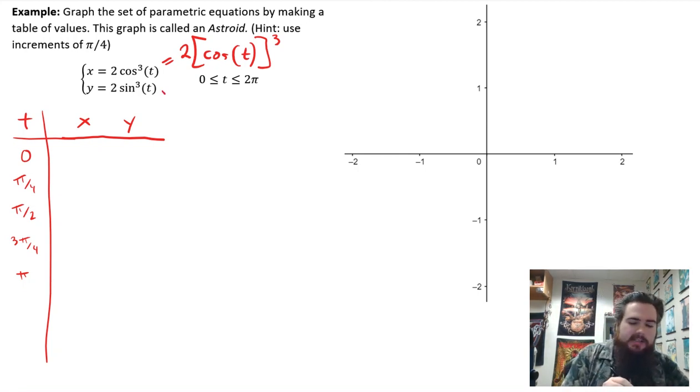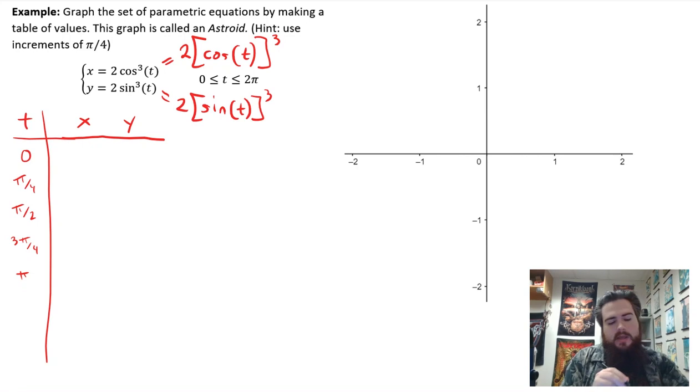Same thing with sine would be 2 sine of t to the third power. For cosine, cosine of 0 is 1. 1 to the third power is still 1, and multiply that by 2, and you get 2. Whereas for the second one, sine of 0 is 0. 0 to the third power is still 0, and 0 times 2 is also 0.